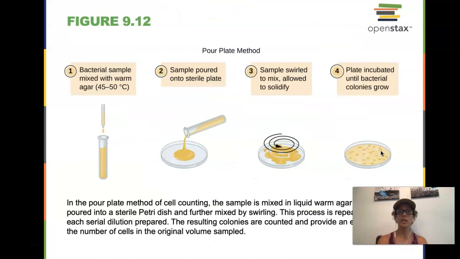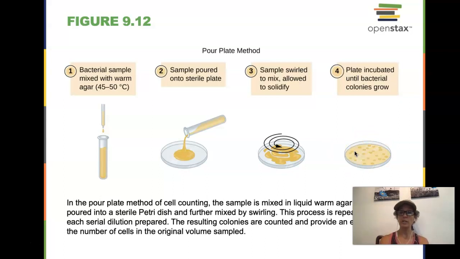The ways we can get bacteria onto the surface: we've seen streaking it with a loop, but we can't really count that. We get a huge smear across the surface. But if we have diluted samples, we can mix that diluted sample with some warm molten agar and pour that into the plate and move it around until it's evenly distributed. Then when we incubate that, we can see the colonies and count those up.